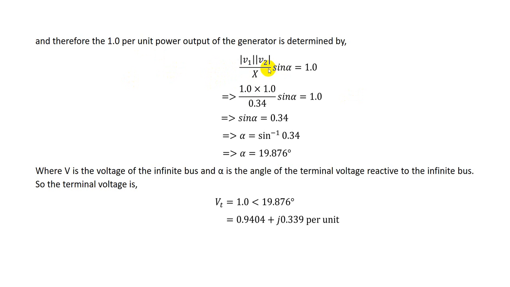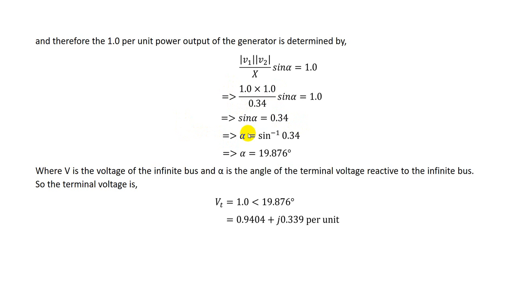Therefore the 1.0 per unit power output of the generator is determined by modulus V1 modulus V2 by X into sine alpha equal 1.0. If I multiply 1.0 into 1.0, I will get 1.0, and if I transfer the 0.34 here, I will get sine alpha equal 0.34.